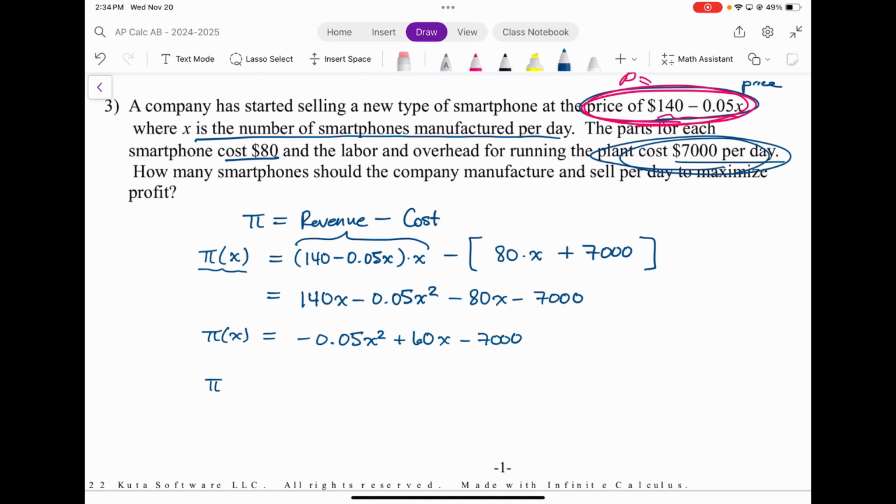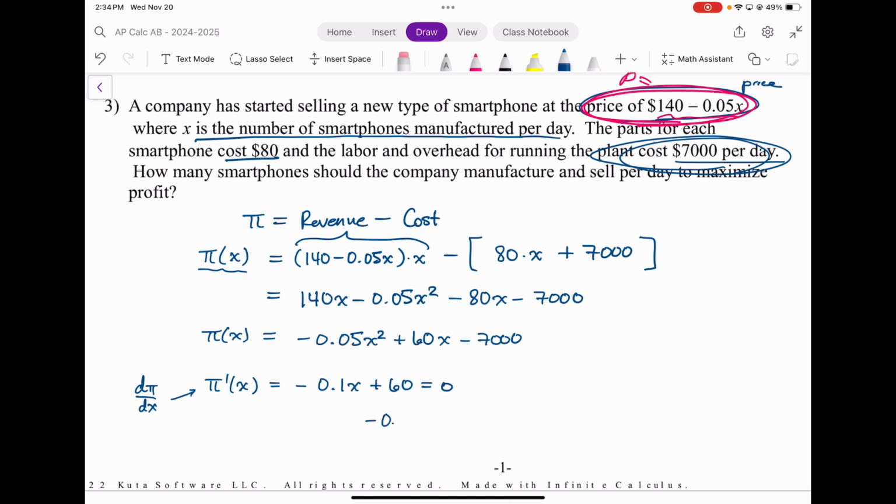Anyway, let's take the derivative with respect to x. So we could write this as d pi dx. I'll just put pi prime though. Anyway, so this is negative 0.1x plus 60, and we're going to set that equal to 0.